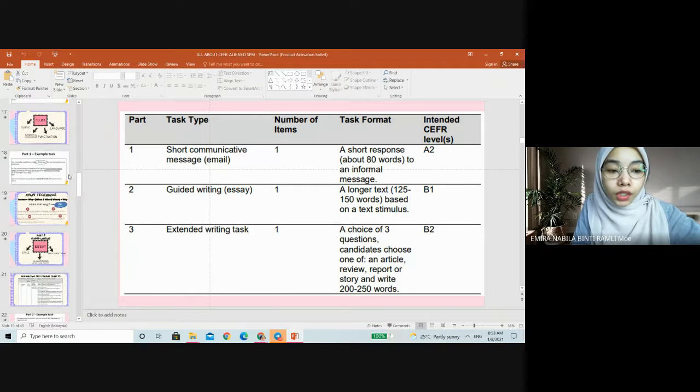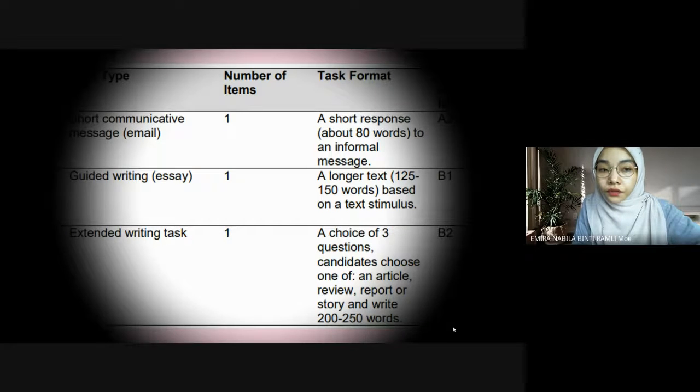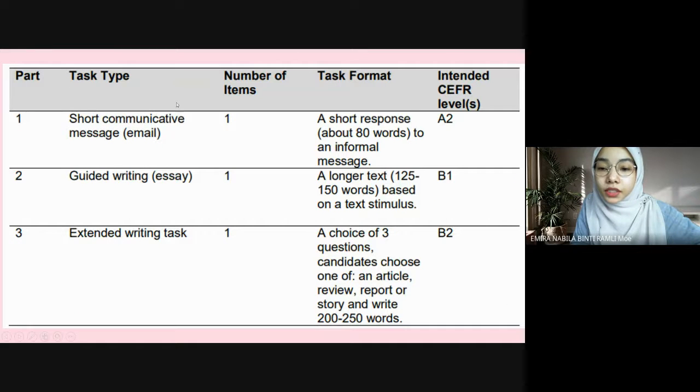Okay, contohlah last time. I'll just show you from the beginning what you should have done. If it's a short communicative message, you are supposed to respond in 80 words. If it's informal, nampak tak? Dia tekankan pada informal atau formal ni. You will get the marks from there. Okay, which is why you kena achieve a formal writing if it's an email to a boss.